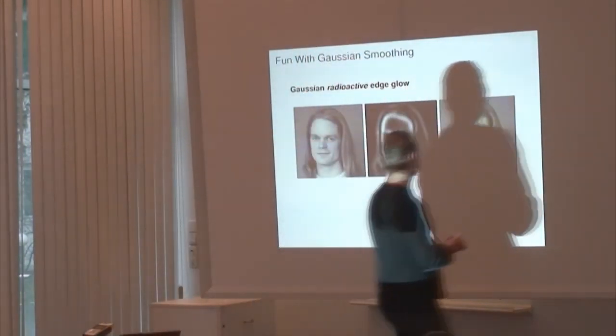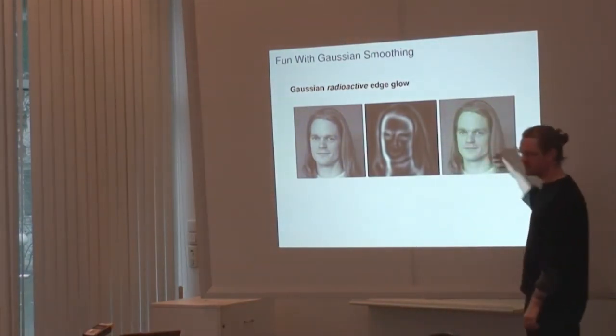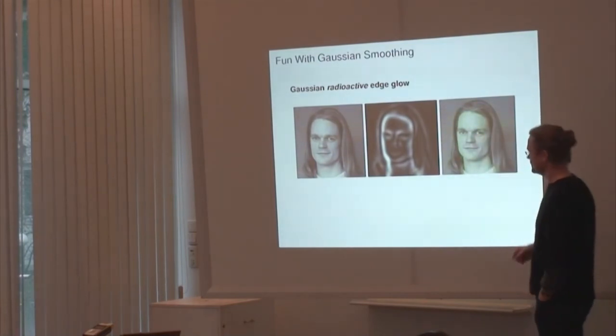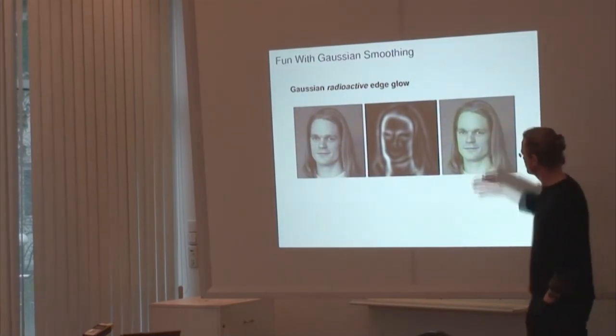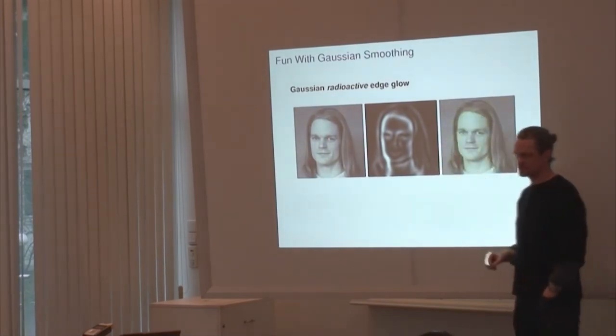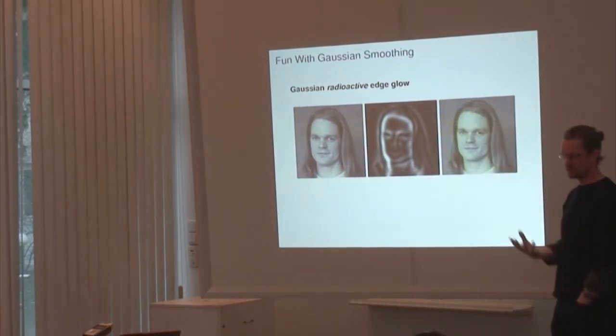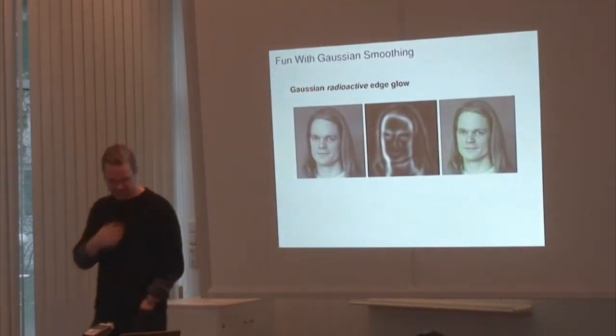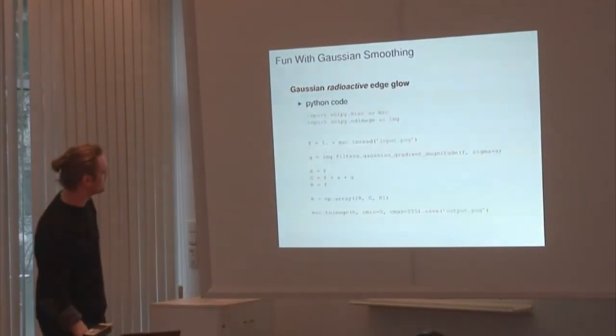What's happening is this green glow around my features. It's not where there are strong edges, but it's about the strong edges in this image. All of a sudden this is glowing green. How did I do that?